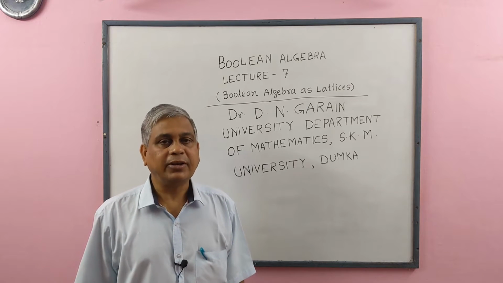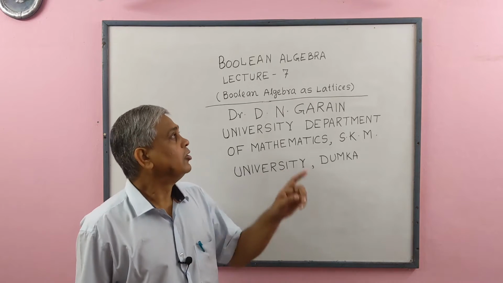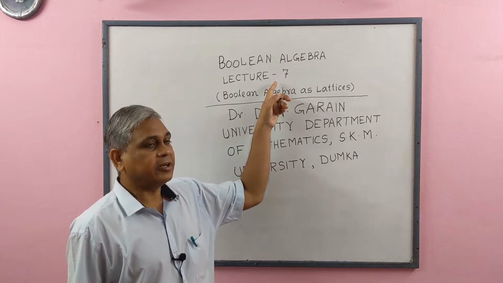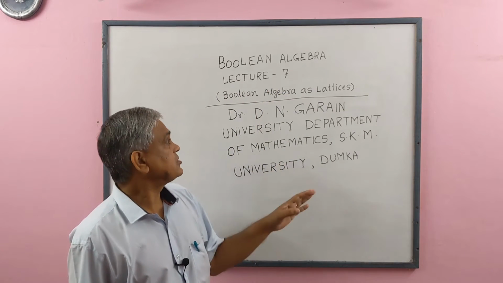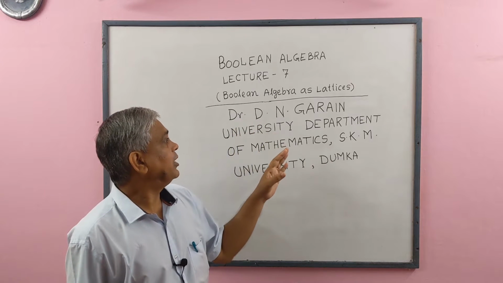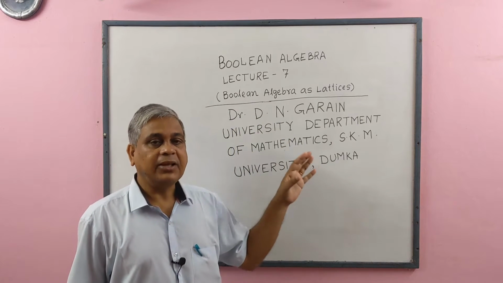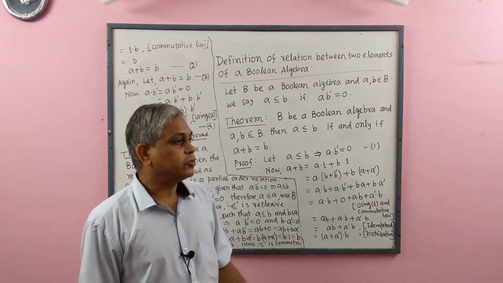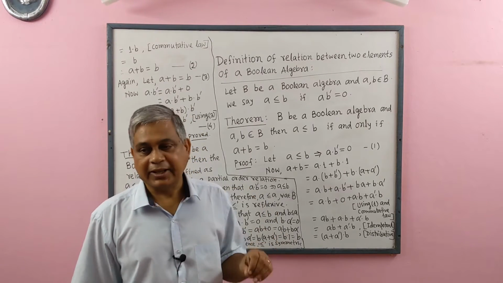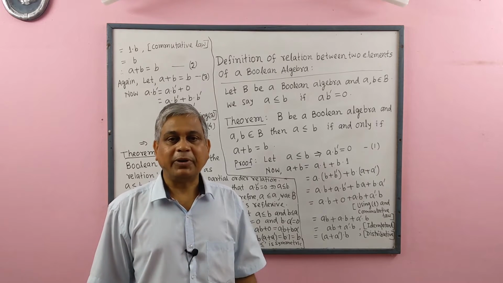Today I will deliver lecture on Boolean algebra, lecture number 7, in which I will discuss Boolean algebra as lattices. Now we wish to define Boolean algebra in terms of lattice.